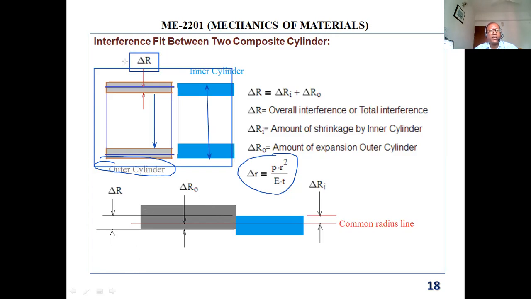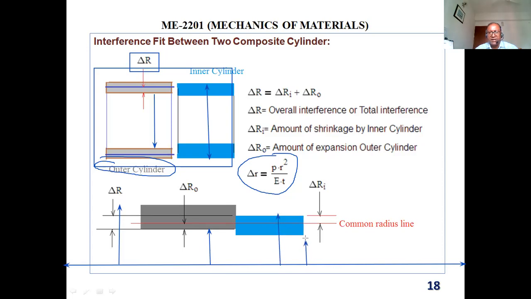If I draw a center line from here to here, then what will be the outer radius of the outer cylinder? This much, right?